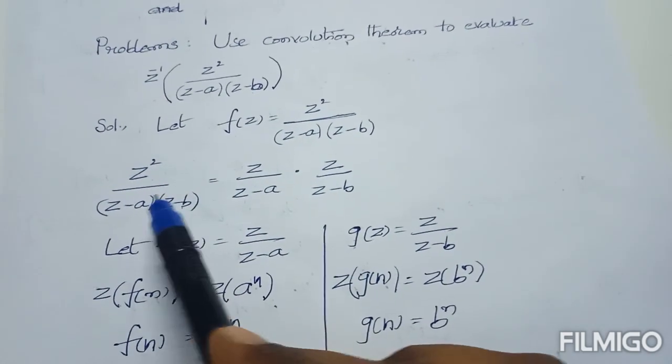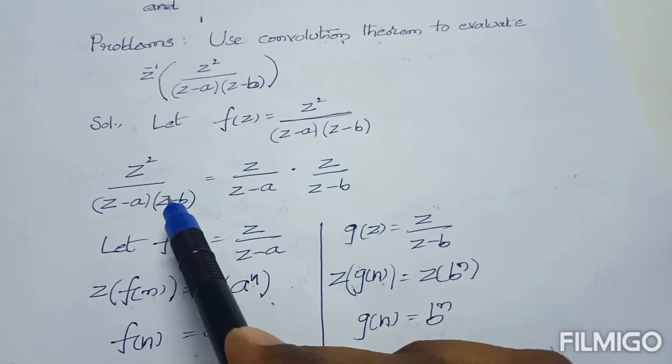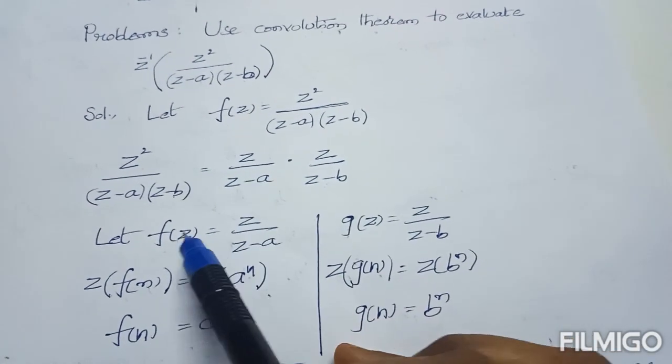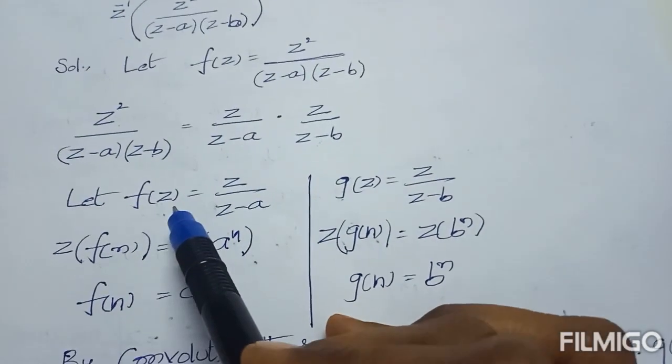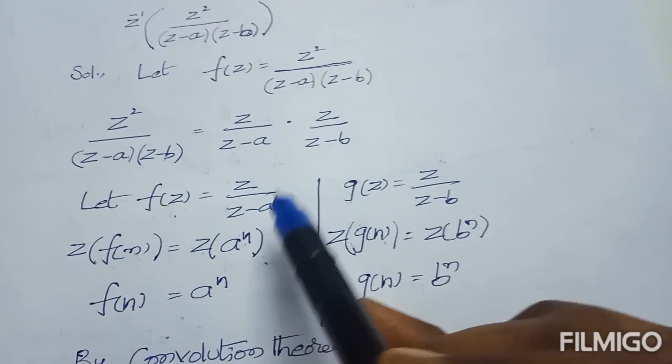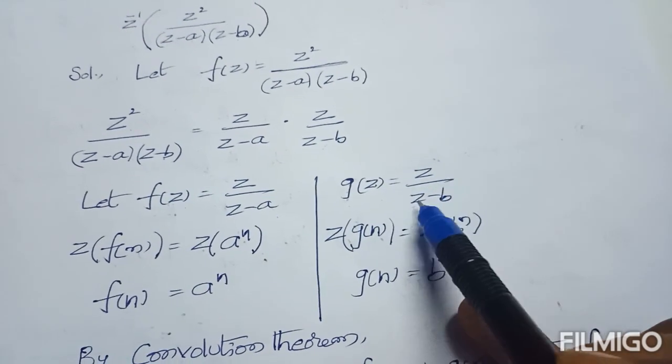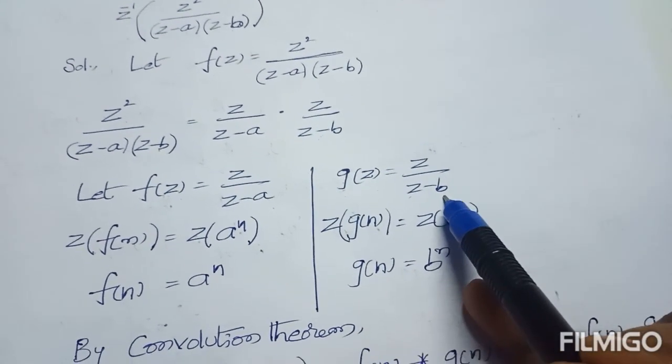The given function is defined as the product of two functions. One function can be named f(z) equal to z by (z minus a), and the other g(z) equal to z by (z minus b).